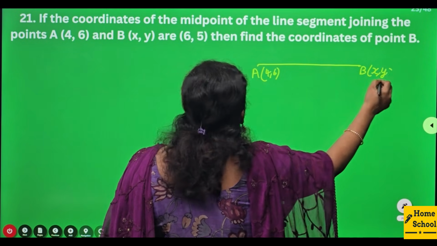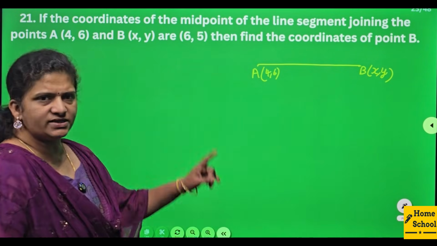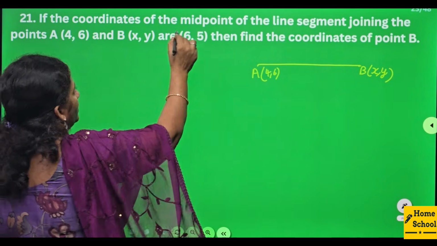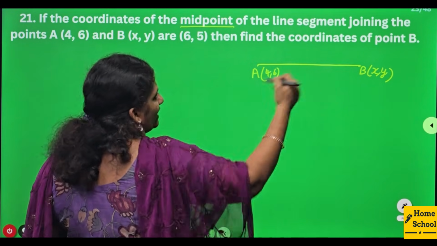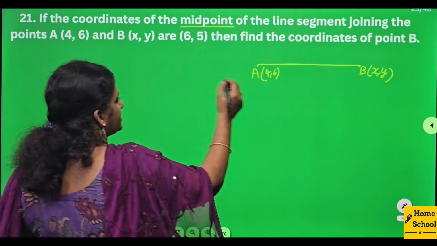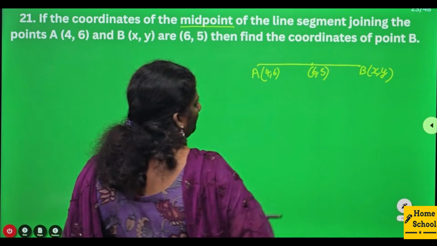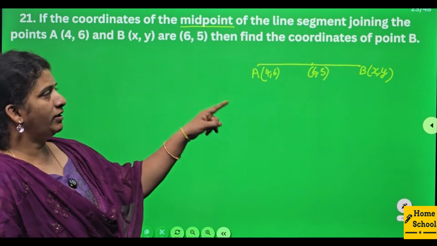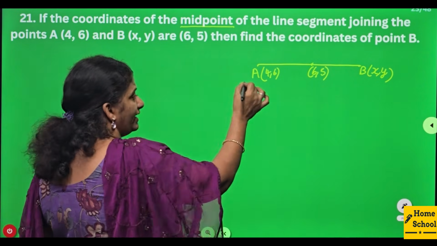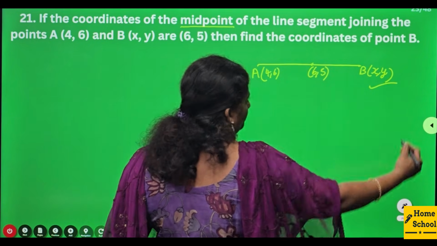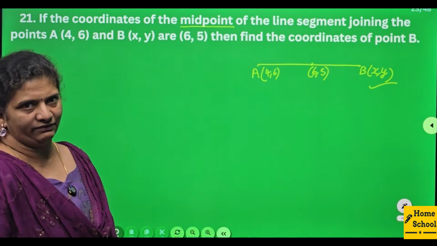The (6, 5) refers to the midpoint of the line segment. Okay, we know the midpoint, we know one of the joining coordinates, we don't know the other coordinate. We need to find that one.